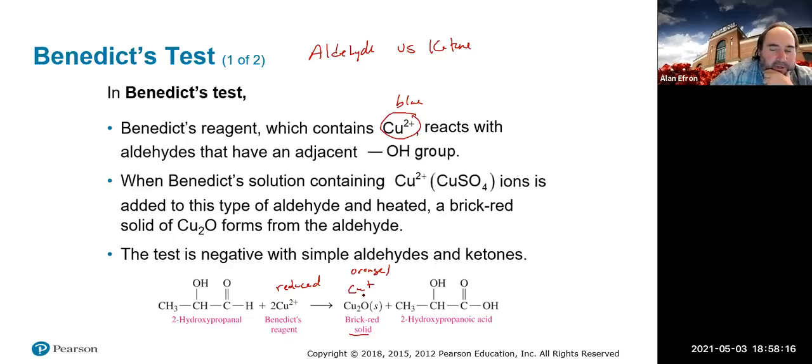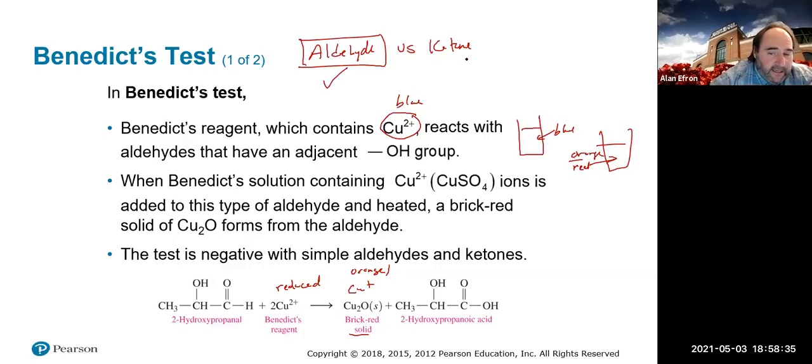And what we're looking for here in the test tube is for our test tube to go from blue to an orangey red color, we'll call it. More of an orange color in most cases. And if you see that, that again means that we had an aldehyde and not a ketone. And that's because here's our aldehyde, again with our group.